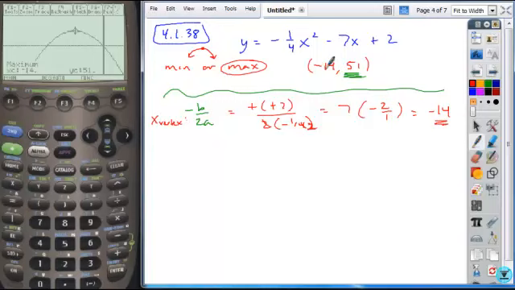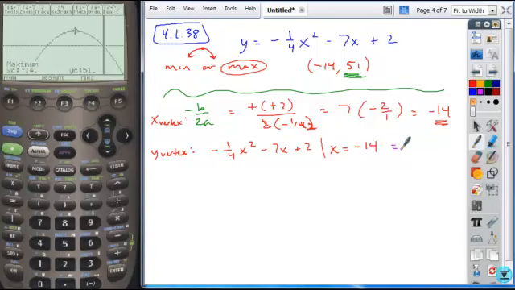And then to find the actual answer for this, it's the y-coordinate of your vertex. And the way that you find that is you take your function, -1/4 x squared minus 7x plus 2. And if you want to use your calculator, you can use the with key and just substitute in a -14 for x, and that's going to give you your value.